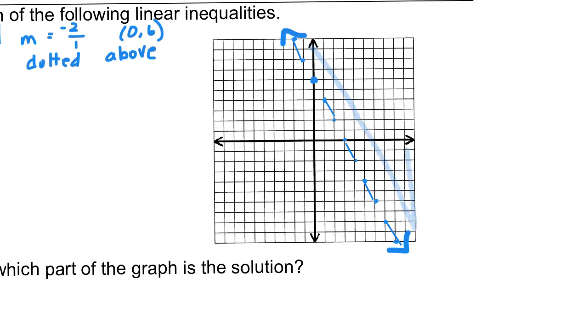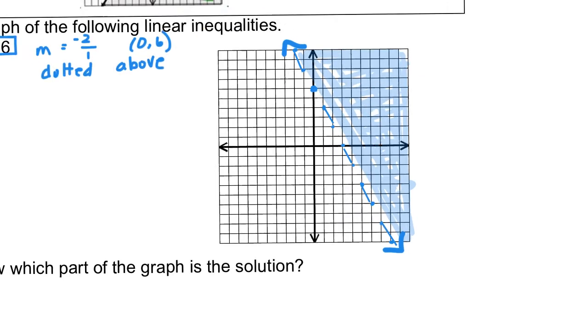So shade in one color. If you want to shade with your pencil, that is okay, but shade very, very lightly, because it's going to be important when we shade the next one that we're able to see one inequality from the next. So this is our first inequality.